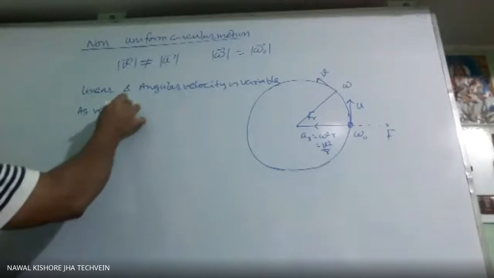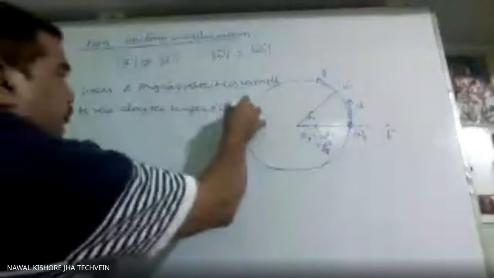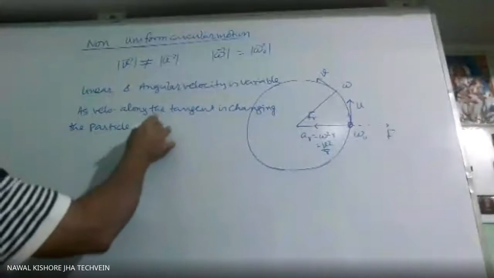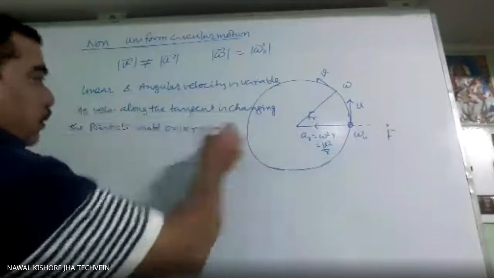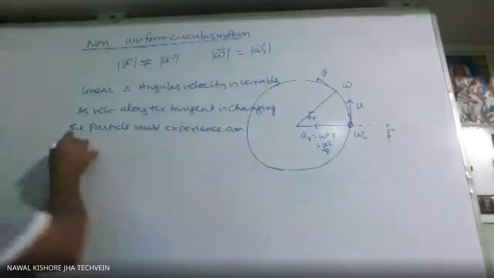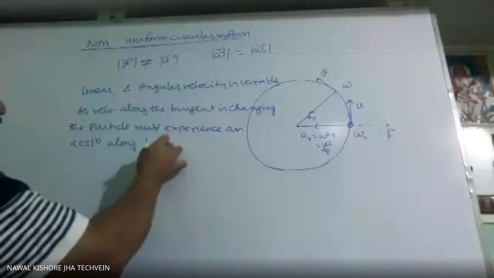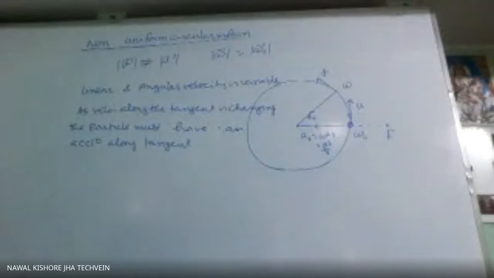As velocity along the tangent is varying, non-uniform or changing, the particle must experience an acceleration along the tangent. So it will have acceleration along the tangent also.